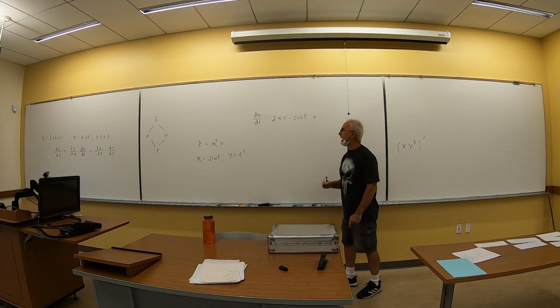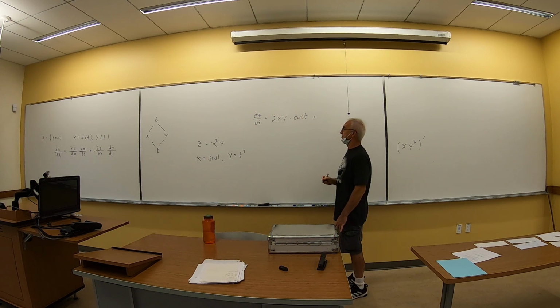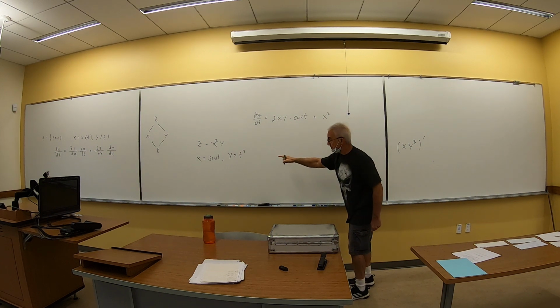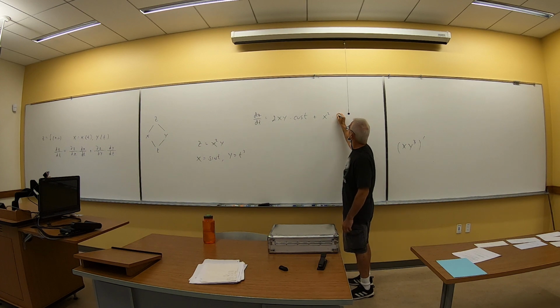Now the partial of z with respect to y would be x squared, and then the derivative of y with respect to t.